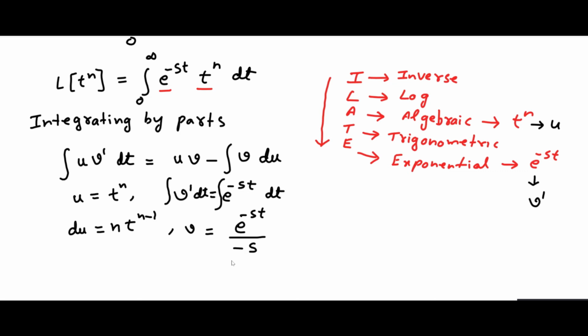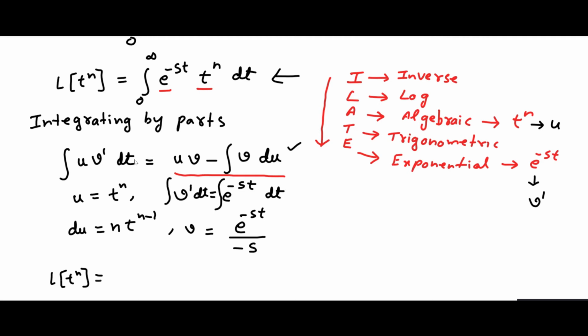That will be the integral of e power of minus st. Now if you want to use this formula, the Laplace transform of t power of n as it is, I have to plug in over here in this particular integral. So this integral value will now be equal to uv minus integral of v into du.